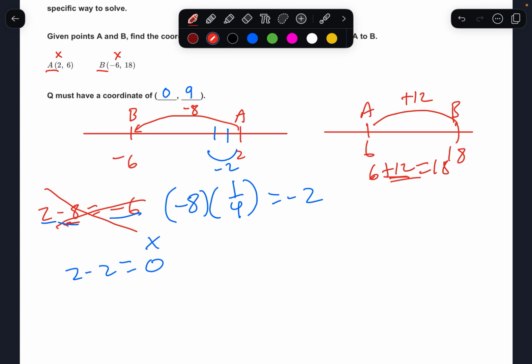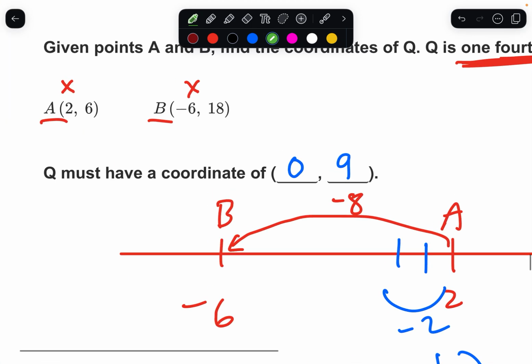So the plus 12 is the interesting part. I need to take the 12 and figure out what is 1/4 of 12. And that's going to be 3. 3 is not the answer. 3 is the distance to the answer. Let me label these real quick. My y values are 6 and 18.